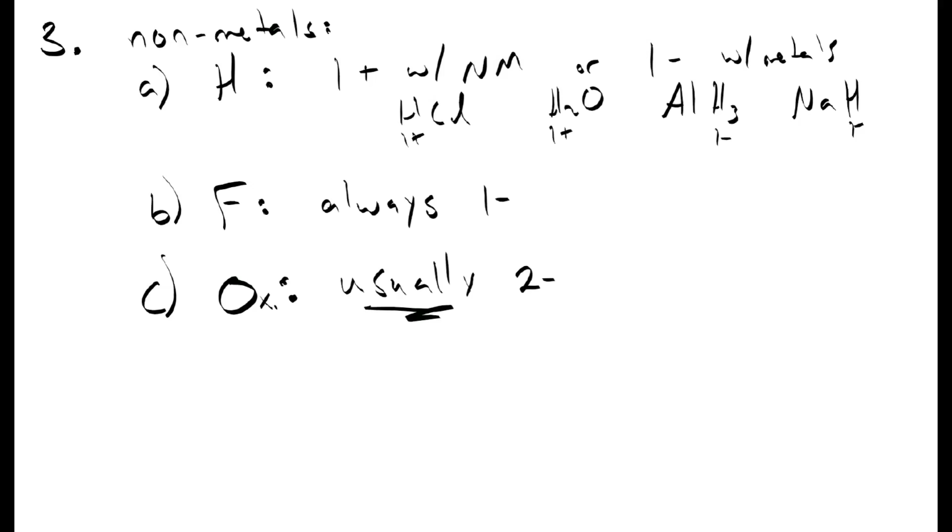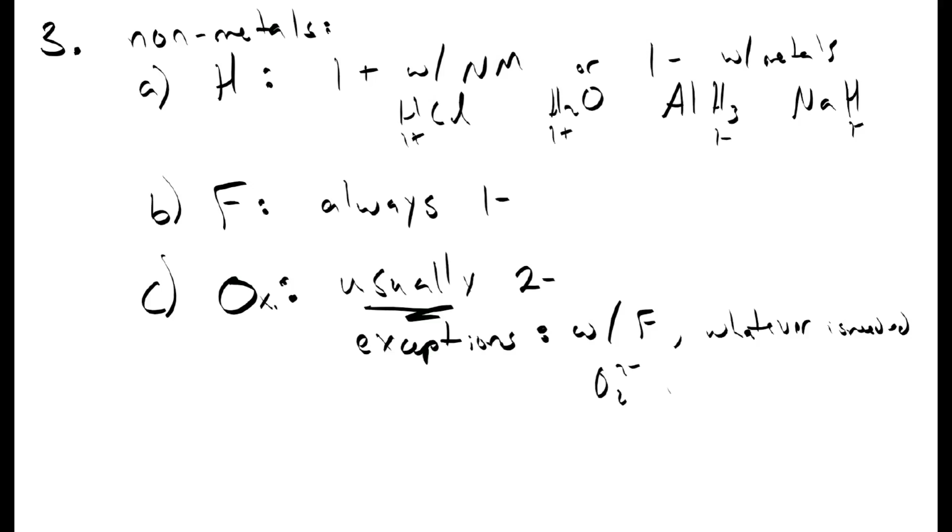And the exceptions: when it's with fluorine, it will take whatever charge is needed. The other exception is peroxide. And in peroxide, each one of those oxygens is -1.